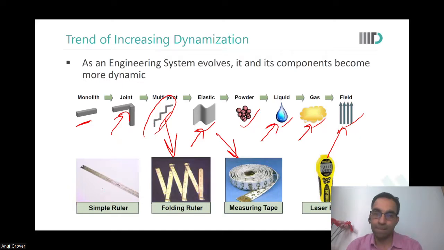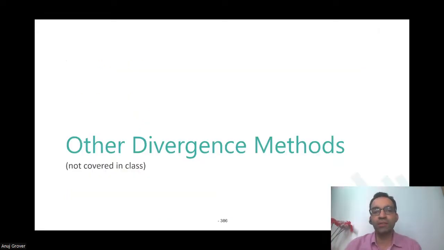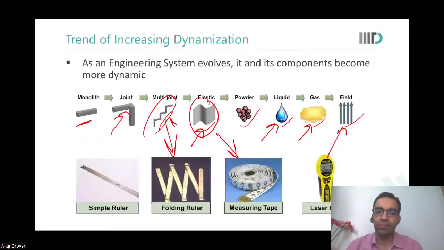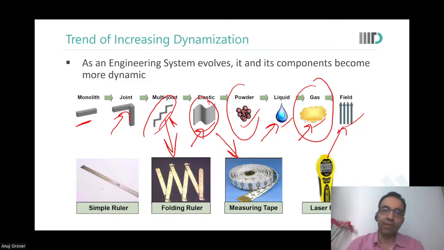Yes, sir. And do you also realize that probably the hammock arrived before this multi-joint bed came, or the gas inflatable bed came before the water bed came? We still do not know about a powder bed yet.